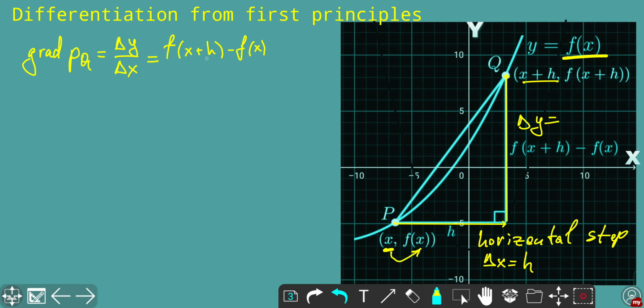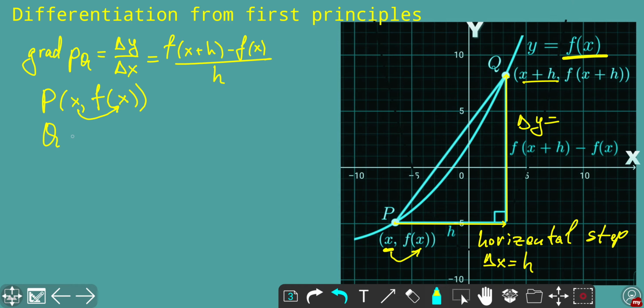Then you divide by the change in x, which is the horizontal step h between points P and Q. And that's what we have. This is the general expression for the gradient of PQ: if you have an initial point P with coordinate x, and because it lies on the curve, the y coordinate is defined by plugging the argument into the function.